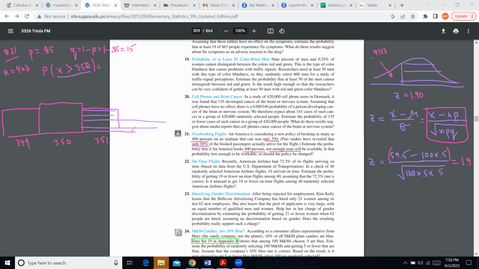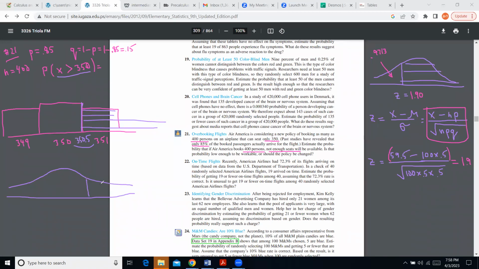It will go all the way to the right side for the greater, but not touching 350. So we'll be actually in between 350 and 351. And we must use 0.5 increments, and that's what I have in here. So we now get a good start.